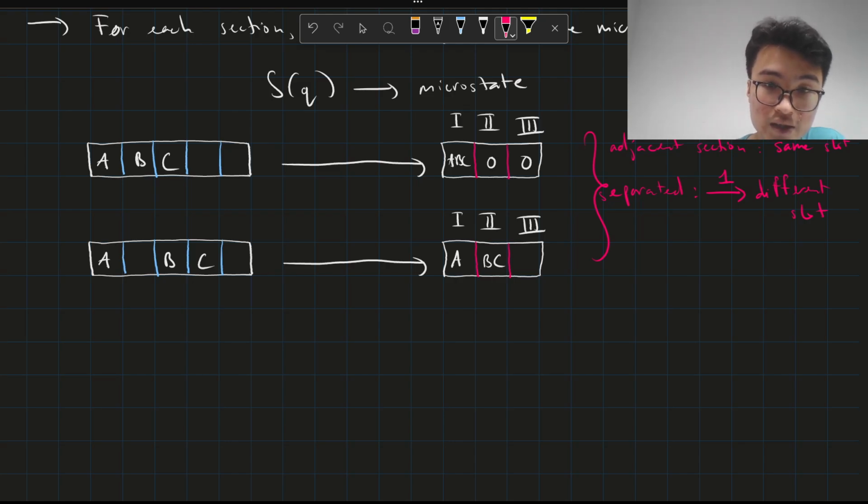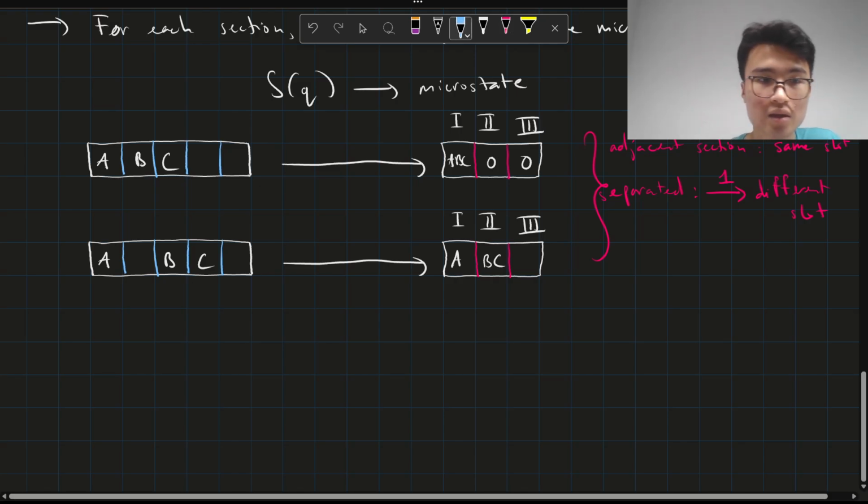So A is in slot number 1 and BC is in slot number 2. Why isn't BC in slot number 3? Because there's an empty section at the end. So this empty section is for slot number 3. Okay, I'll give another example.